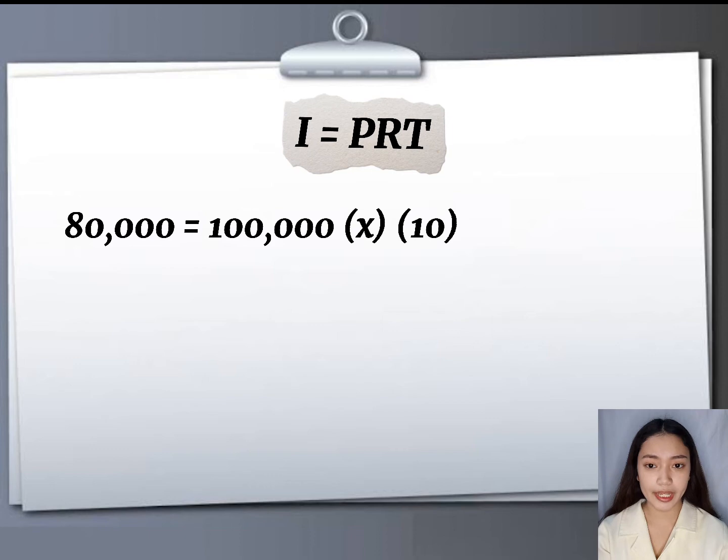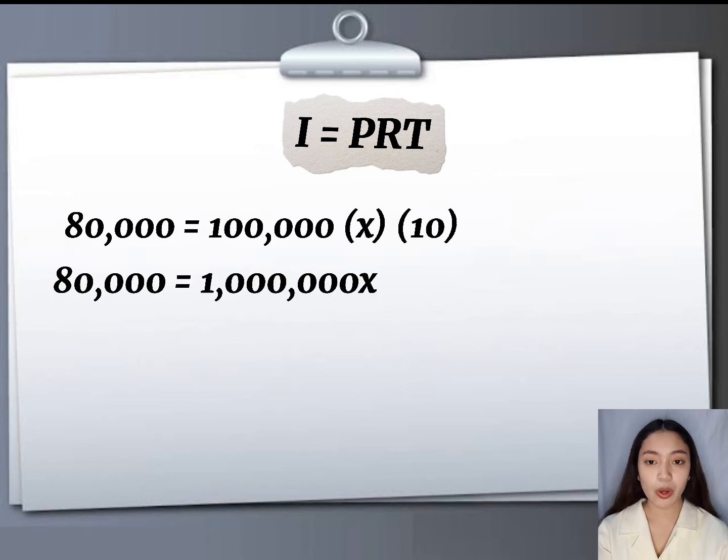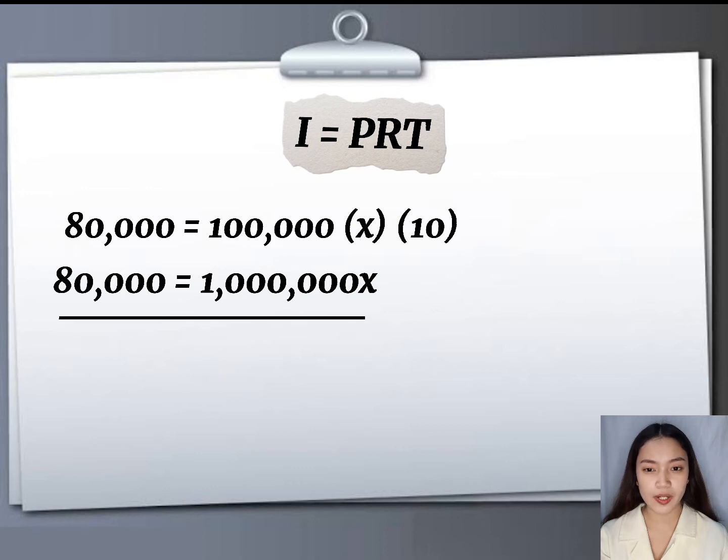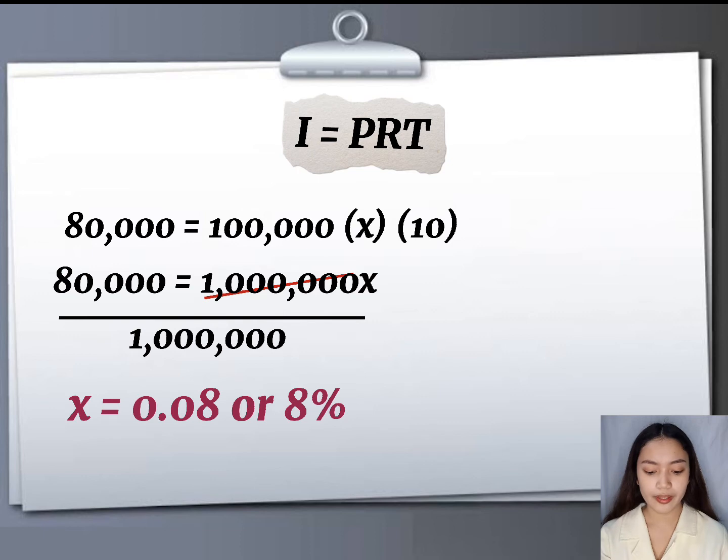That would be 80,000 is equal to 1 million X. To find the value of X, we have 80,000 over 1 million, cancel. We have now X is equal to 0.08 or 8%. That would be the interest rate.